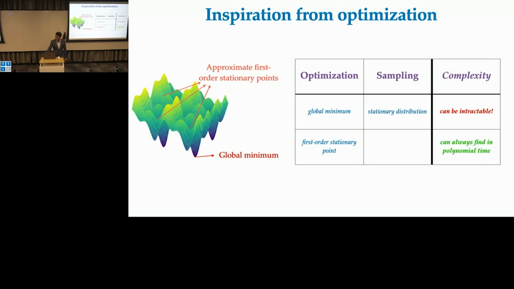Now, similarly, if I give you a Markov chain, sampling from its stationary distribution can be quite intractable. But is there some notion of a first-order stationary point in the context of sampling? And it turns out there is, and we call this notion a locally stationary distribution.